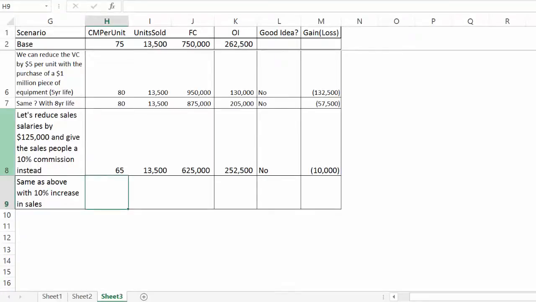We're going to use the same scenario as we had above. $65 will be the contribution margin, but our units sold are going to increase by 10%. So we're going to take them times 1.10 or 110%. And the fixed costs will be the same as they were.